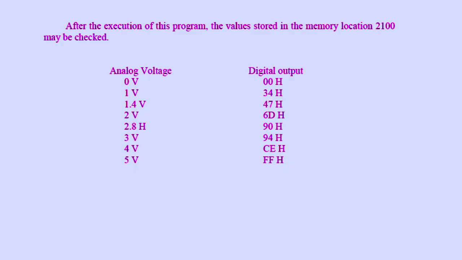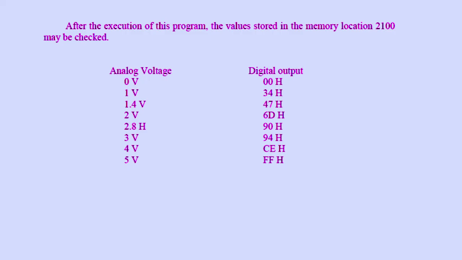It means 8 times 0. And if it is 5 volts, then naturally the digital output will be 2 to the power 8, because it is an 8-bit resolution A to D converter. So it will be 1111 8 times, that is nothing but FF, right?